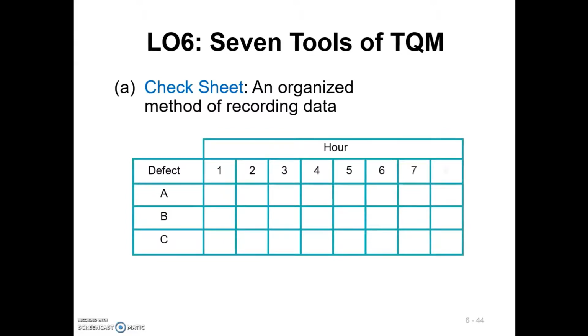We have here the first type, which is generating ideas. First, we can use check sheet, which is basically a method to record data. As you can see here, this diagram shows that we have 3 products, product A, B, and C, and how many defects we have in each hour.